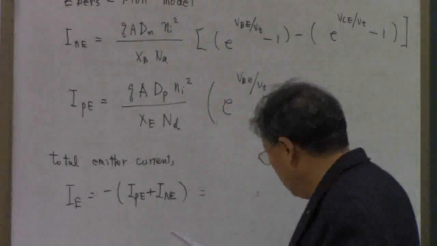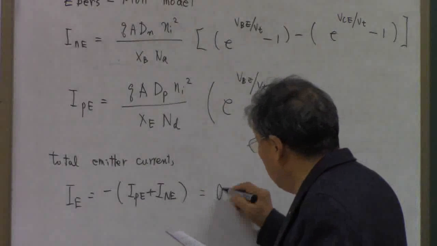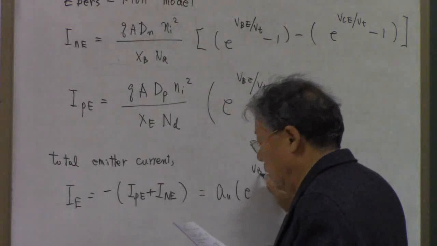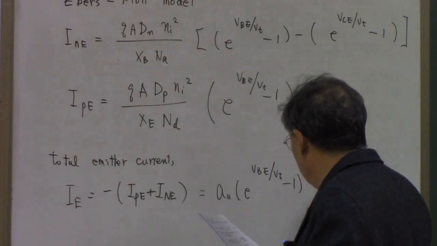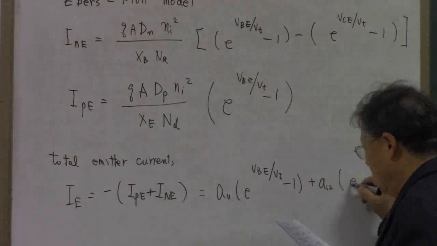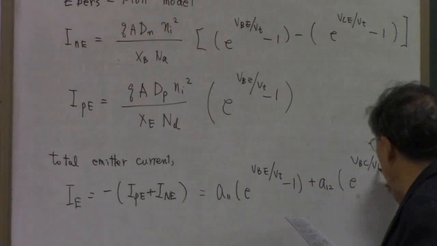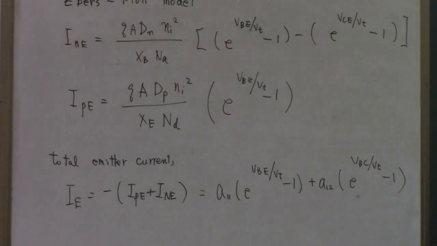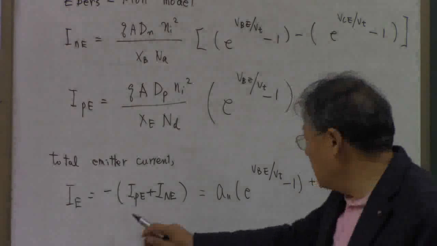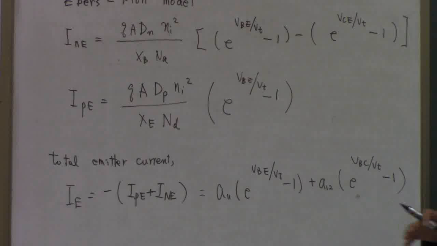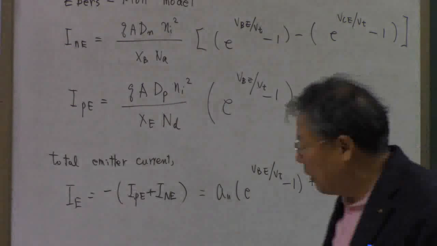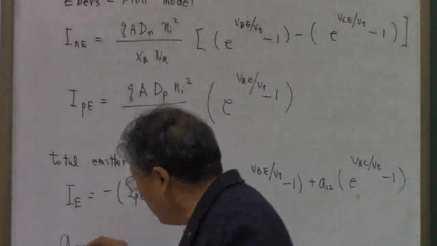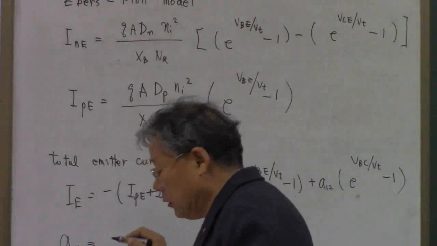And then we can simplify this as A11 e to the VBE over VT minus 1 plus A12 e to the VBC over VT minus 1. This minus sign is because we define the current flowing into the emitter as positive, so we had to add a minus sign here for the correct current directions.